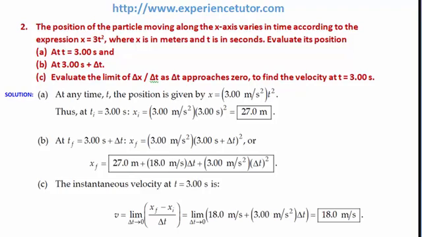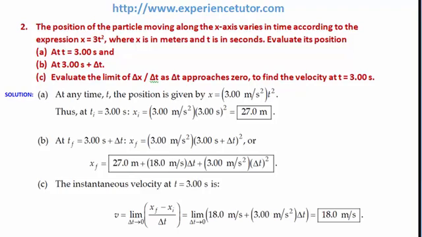A. At any time t, the position is given by x is equal to 3 meter per second square t square. Thus at t is equal to 3, x is equal to 3 into 3 square, which is 27 meter.